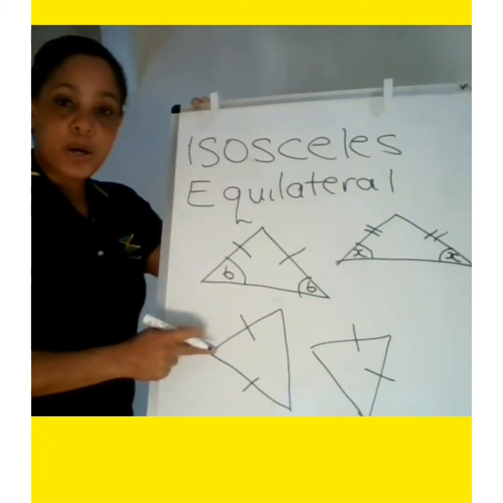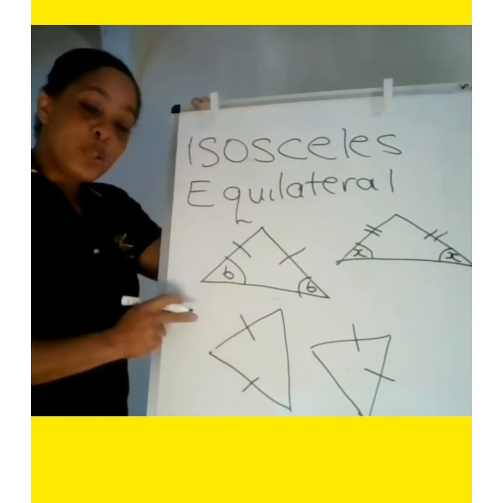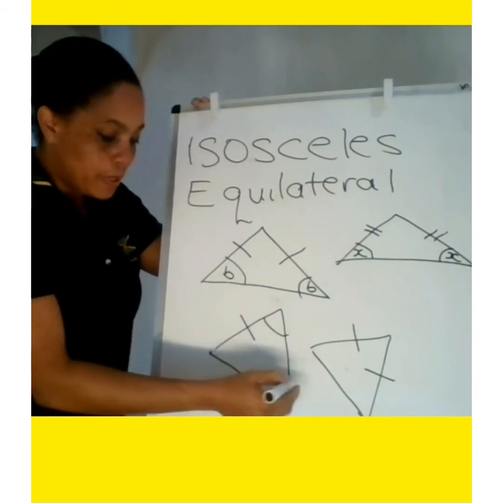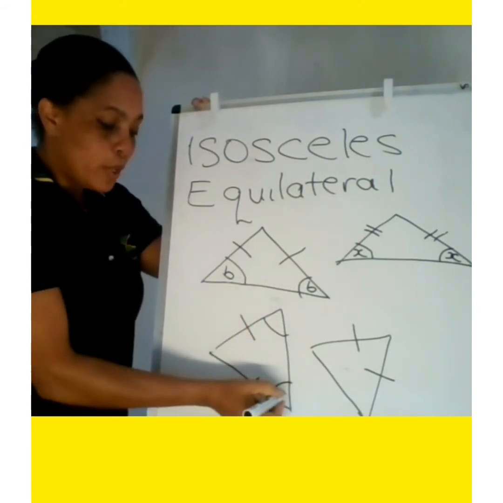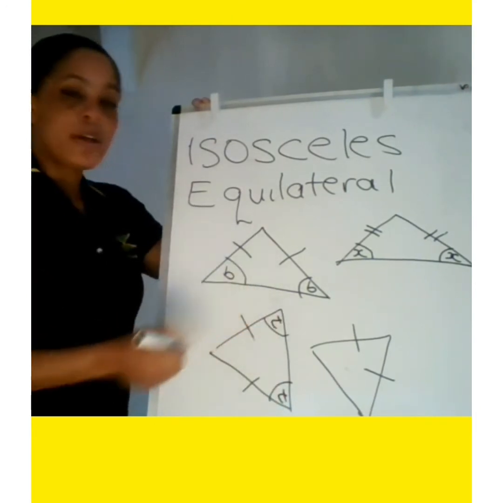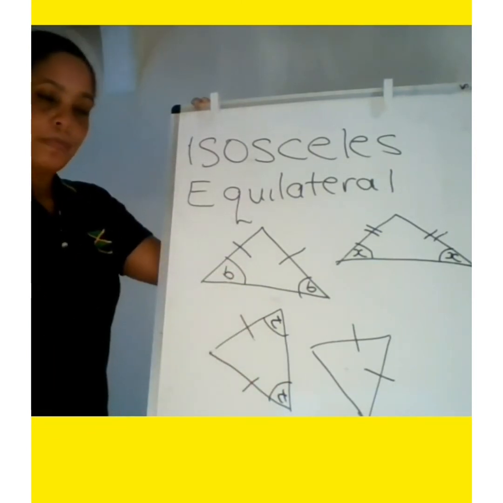If we look at this one, we know that these two sides are equal. Which two angles are equal? The one opposite over here and the one opposite over there. These two angles are equal. So again, let's call that T. Whatever this is, that's going to be the same thing.